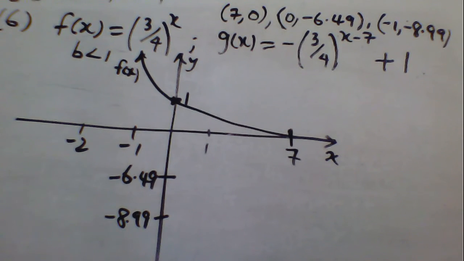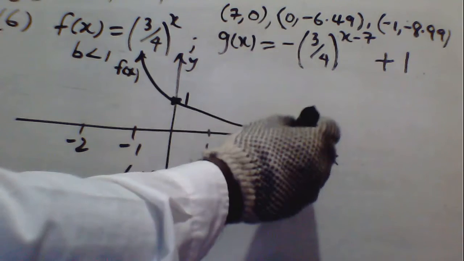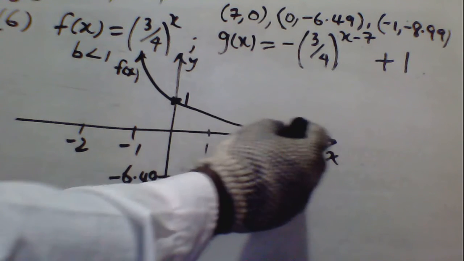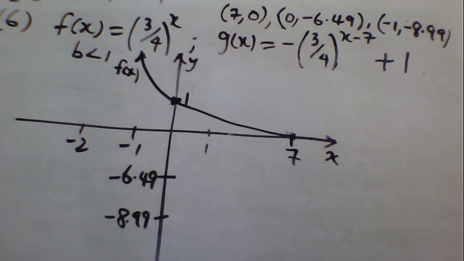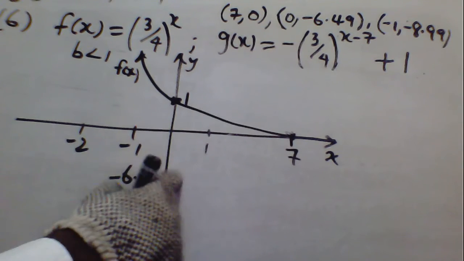So we know that when y is 0, x is 7. So we have a point here. That tells us there is a point we can get from here. The next is when x is 0, y is negative 6.49. We have another point here.